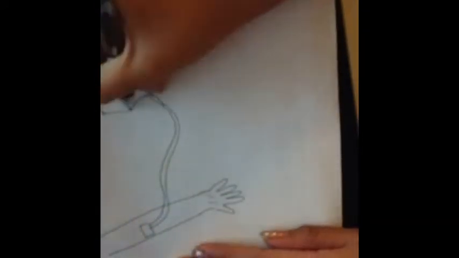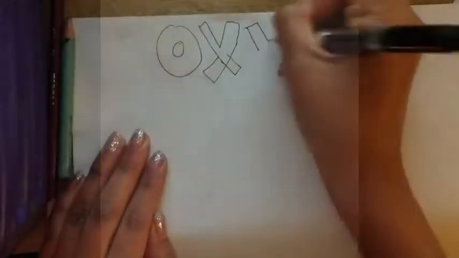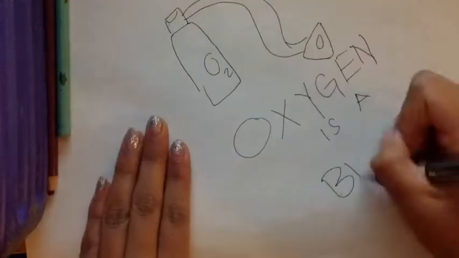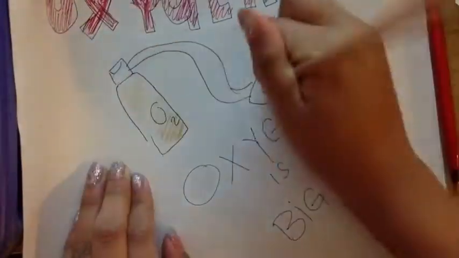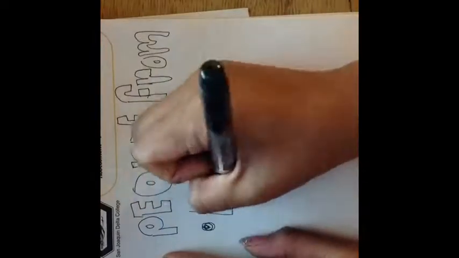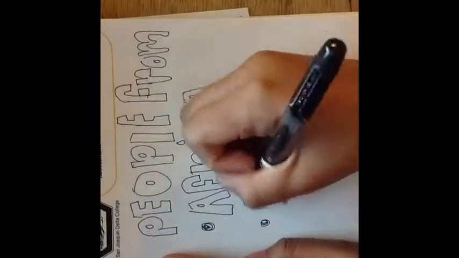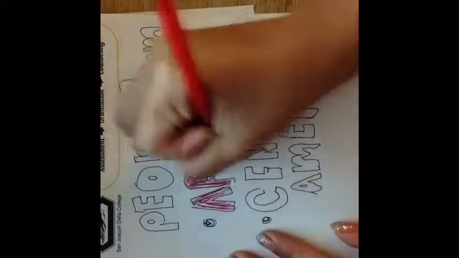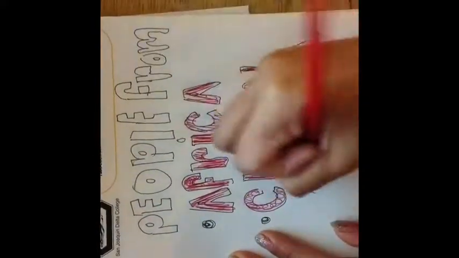And oxygen, so you may get oxygen tanks that have a mask on, so you can put it on, and that way it helps you to breathe easier. The people that are at risk of getting this disease are African Americans, and people from Central America and South America.